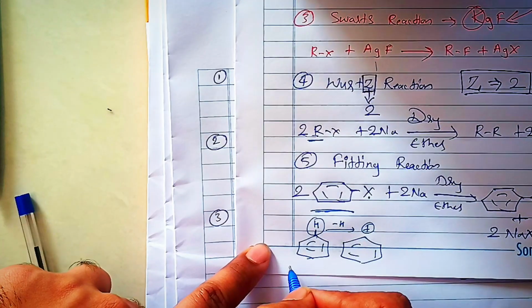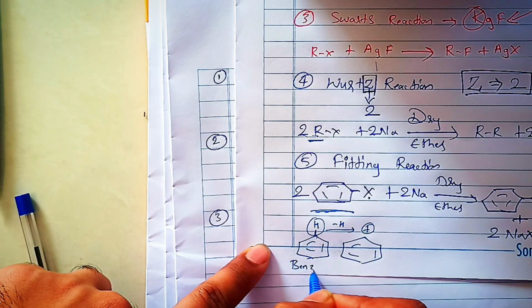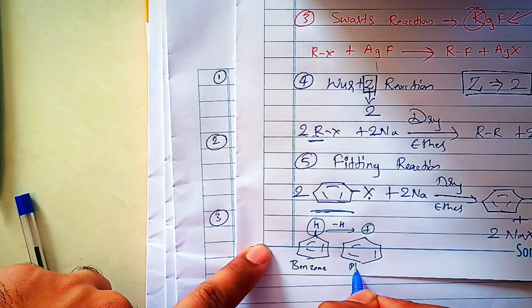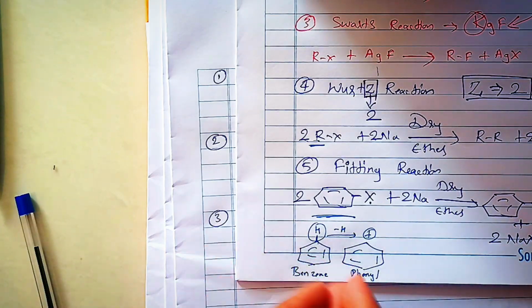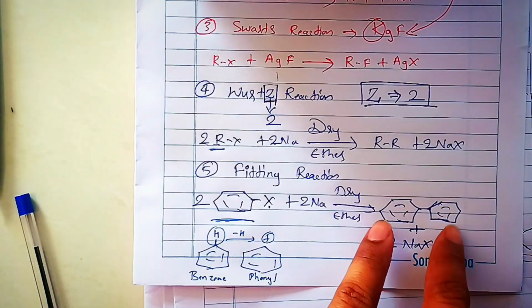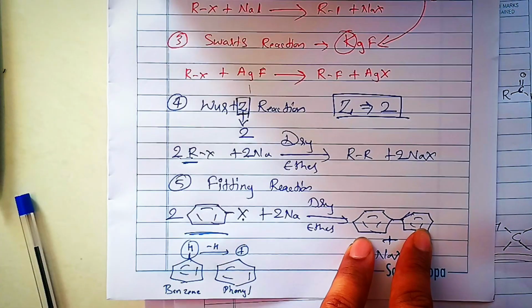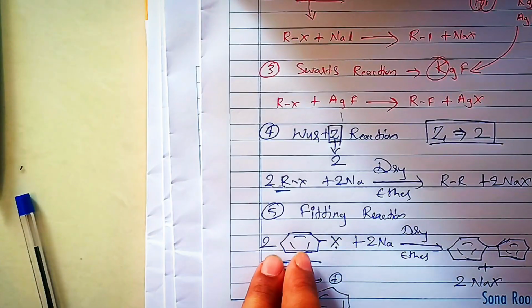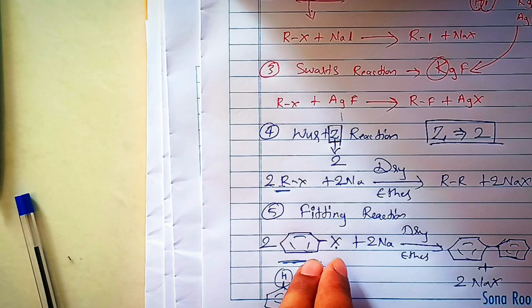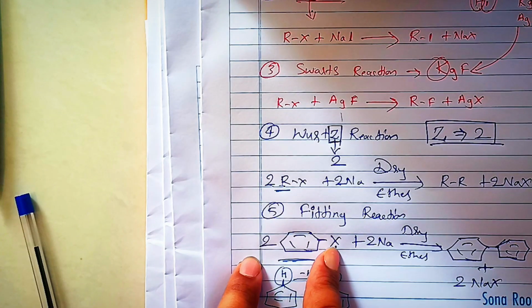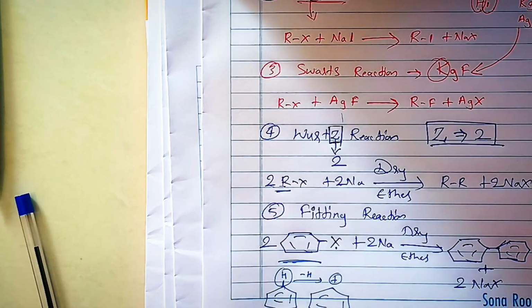So this is the benzene, and this is the phenyl. These are the differences. Here a diphenyl ring is obtained, and here there will be phenyl plus aryl halide. This is aryl halide, this is alkyl halide.